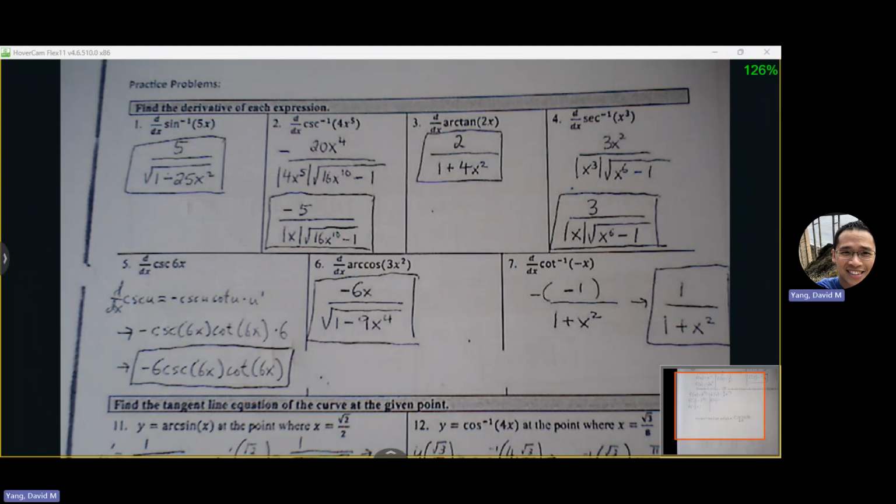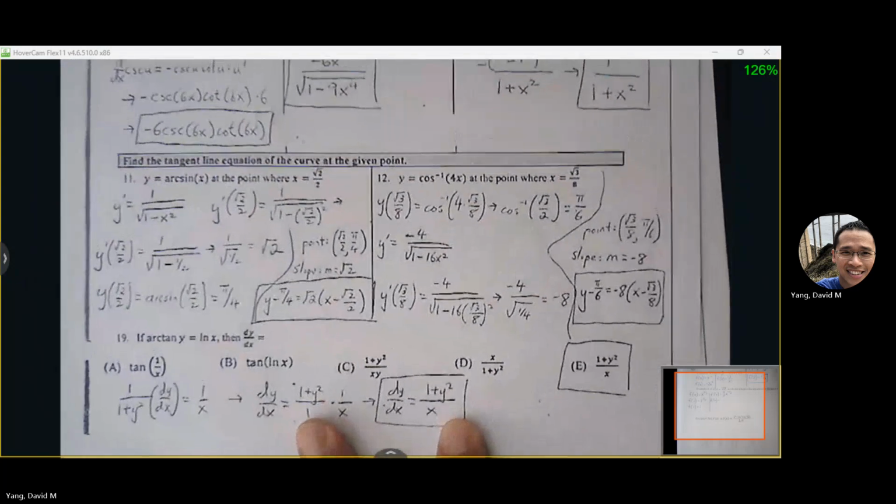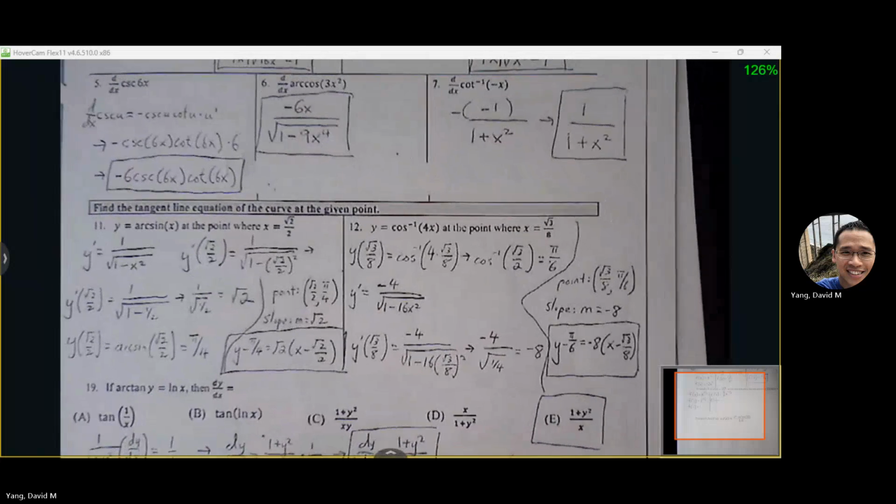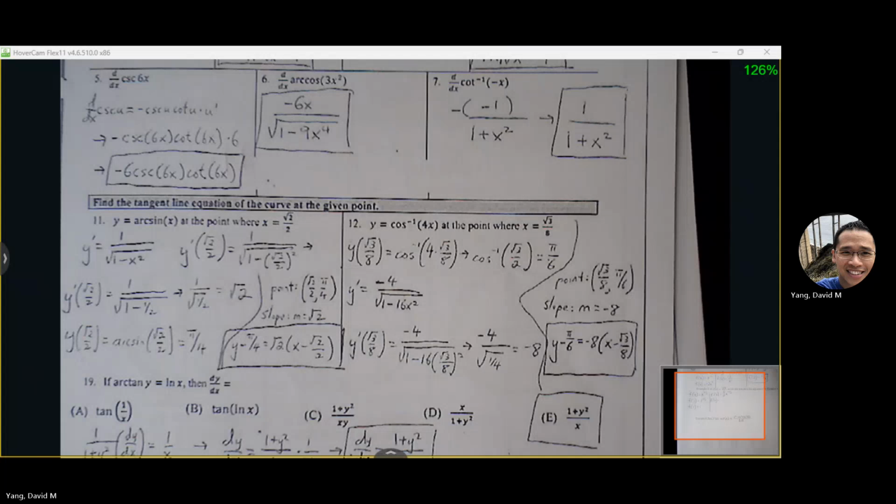Everybody okay? 1 through 4. Any questions? If you're good with 1 through 4, and with 5 through 7, go ahead and try 11 and 12.